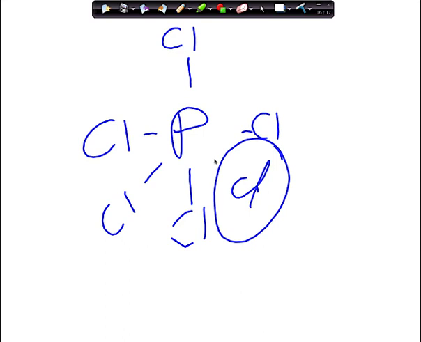So the first element that can have more than an octet is phosphorus, because phosphorus, being in the 3rd energy level, technically has the potential for a 3d, and in fact it does, as you can see right there. So it's not until you get to phosphorus that these things can have more than an octet.